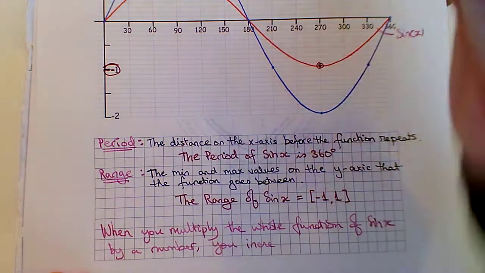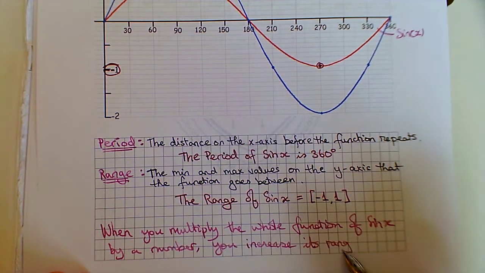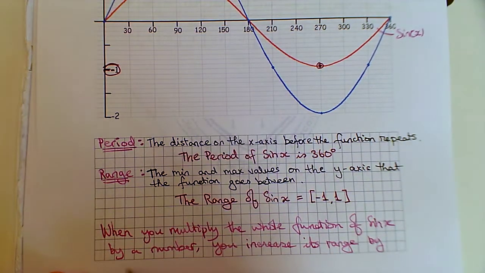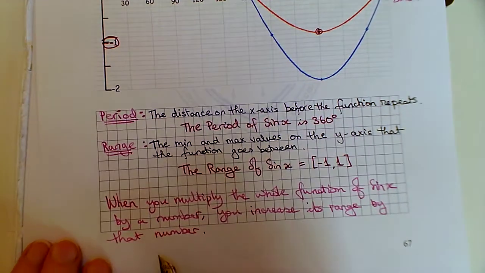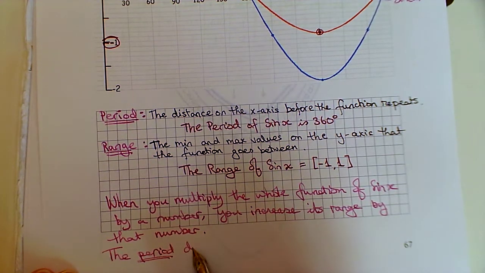You increase how far up and down on the y-axis it goes. You increase its range by that number. The period doesn't change.